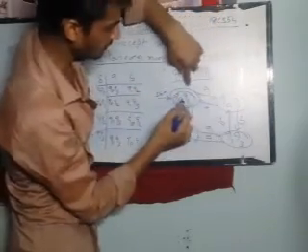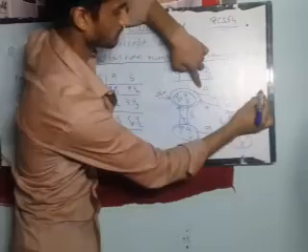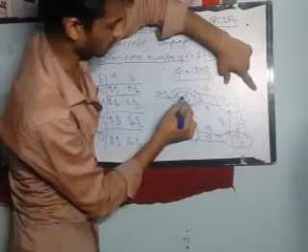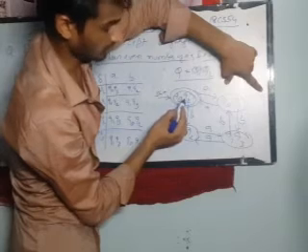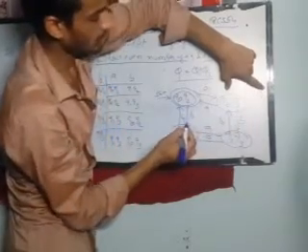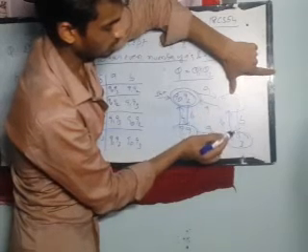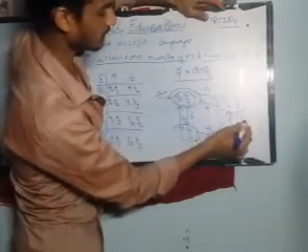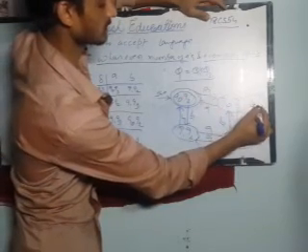See here. If I give input a from {q0,q2}, it moves to {q0,q3}. Again, input a from {q0,q3} moves to {q0,q2}. Giving a again from {q0,q2}, it moves to {q0,q3}. Then we give input b from {q0,q3}, and it moves to {q1,q3}. So this string is not acceptable, because we are not coming back to the final state, and it will be rejected.